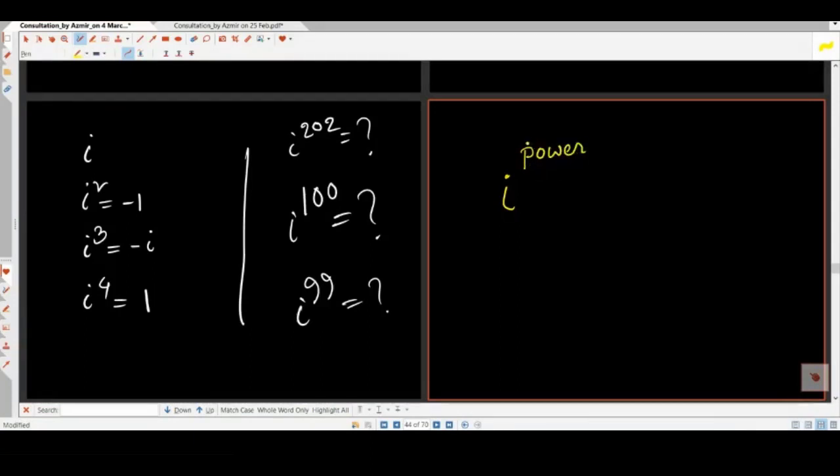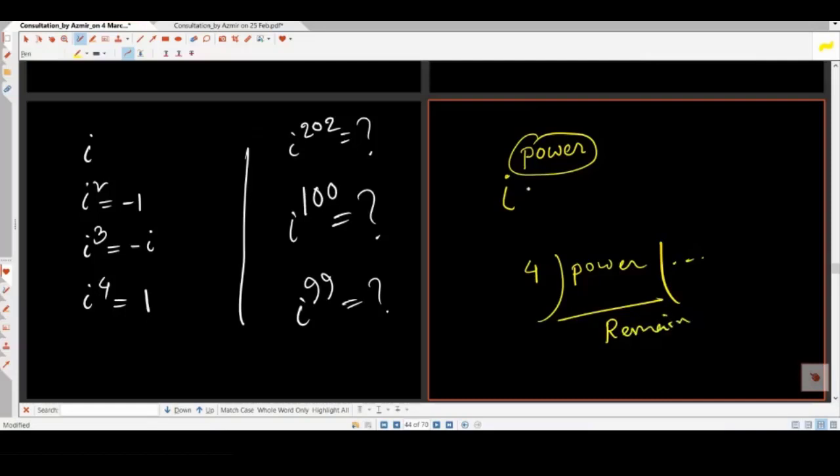Try to divide that power by 4, and you will get the remainder. So i to the power something will be i power remainder, and you will see that the remainder will lie between 0, 1, 2, 3.